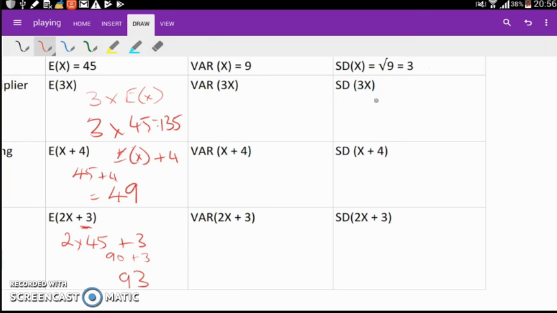So let's have a think about what happens when we multiply every single value in our data set by 3. Well, because things are proportionally by 3, with our expected value at 45 and our standard deviation at 3, it was down here at 42. Then when we multiplied every single value by 3, our expected value came up to 135.